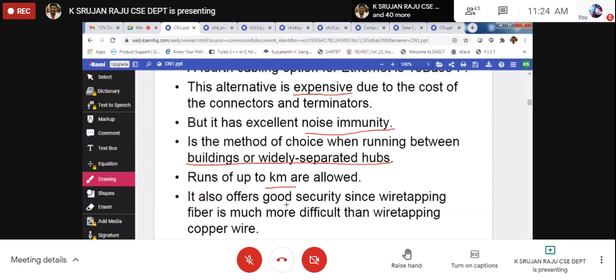It is not like coaxial cable, where you just take a pin, connect into it and get the data. You cannot do that here, so it gives good security, since wiretapping fiber is much more difficult than wiretapping copper wire.